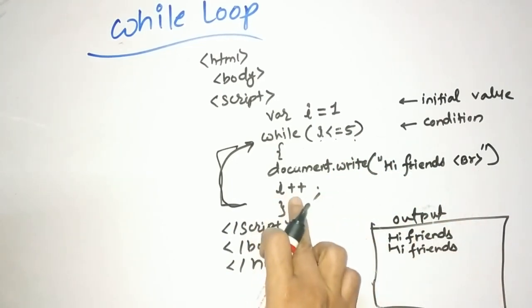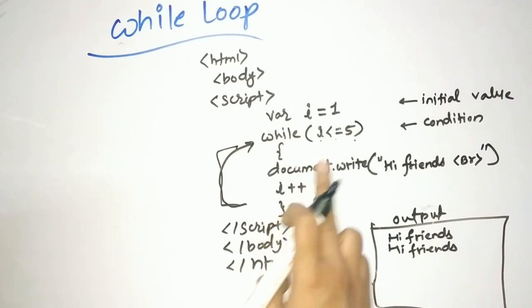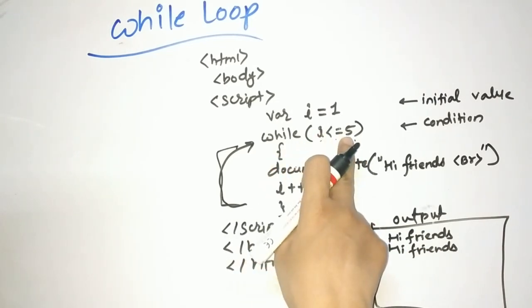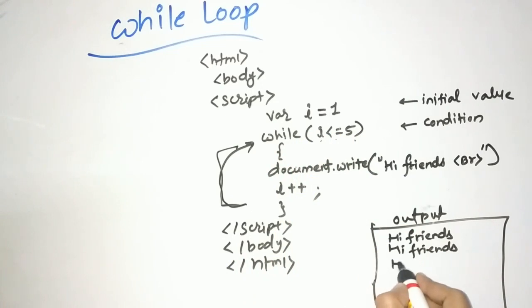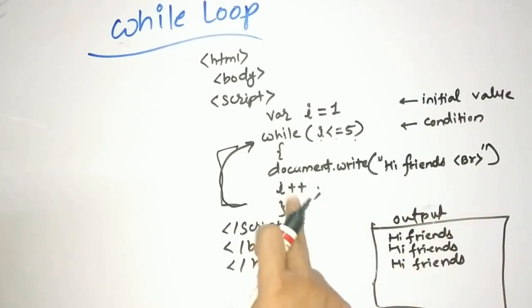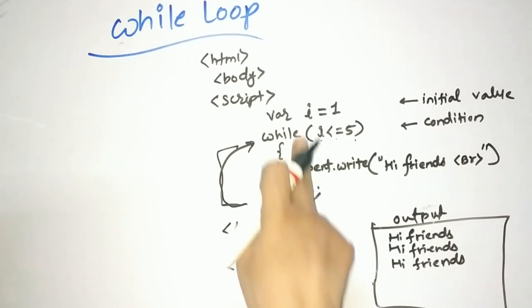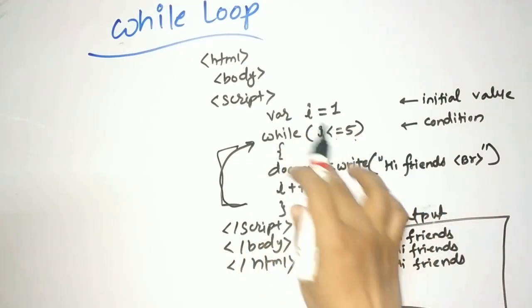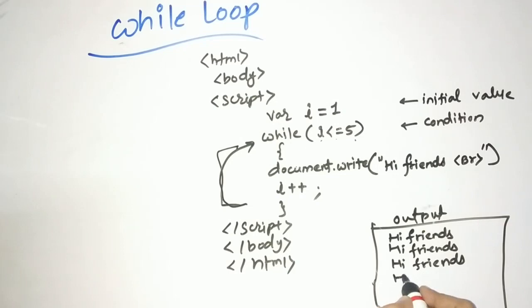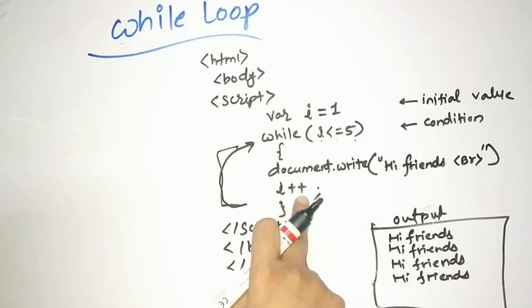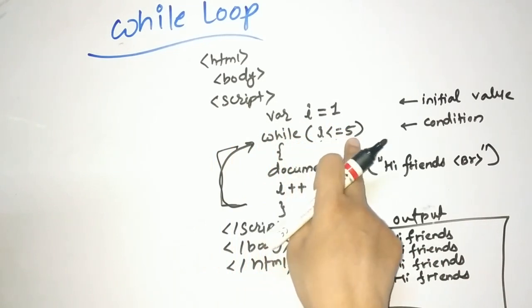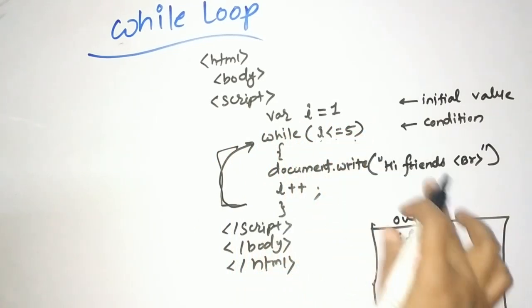Then I plus plus: 2 plus 1, now we get 3. 3 is less than or equal to 5, true. After printing, 3 plus plus becomes 4. 4 is less than or equal to 5, true, and it prints "Hi friends" again. Then 4 plus 1 is 5. 5 is equal to 5, true, so it prints "Hi friends" again.